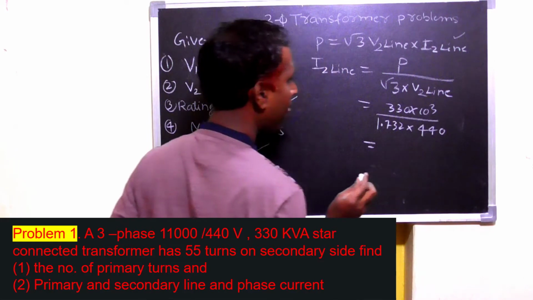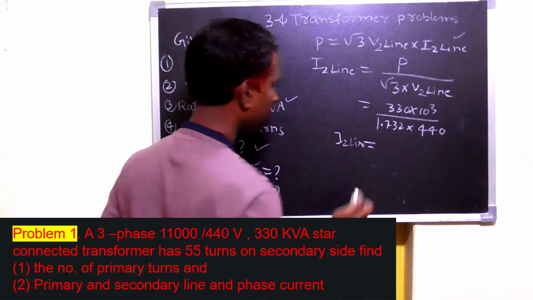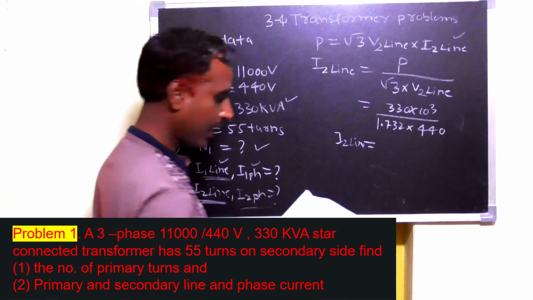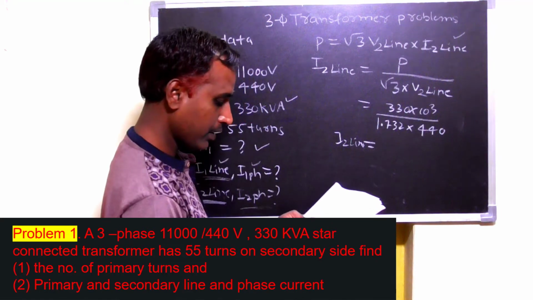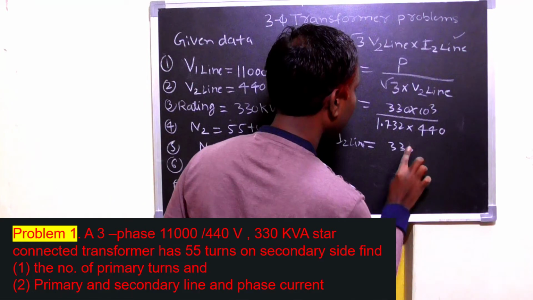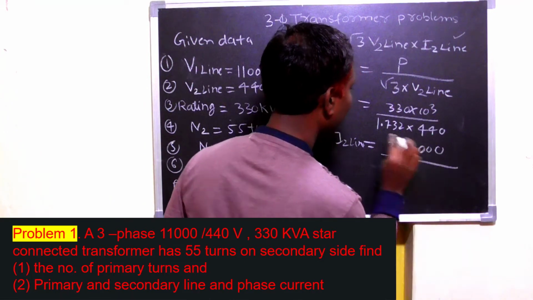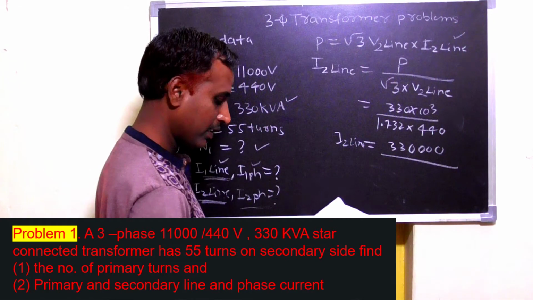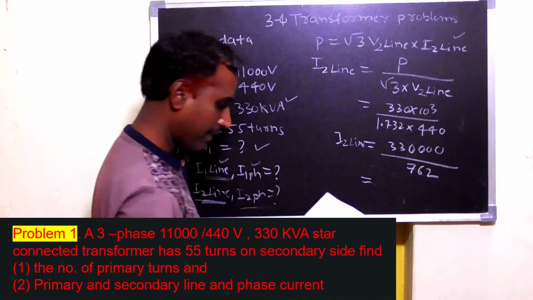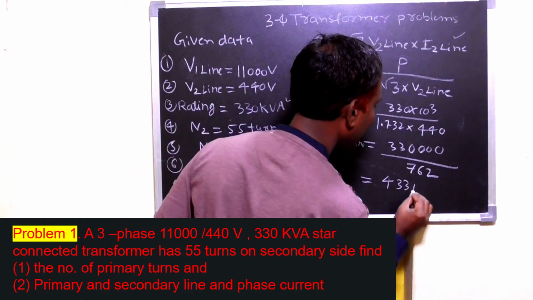If I solve this, how much will I get? 330 divided by 1000 gives 330, and multiplying this I will get 762. If I solve this, I will get 433 amps. 433 amps.